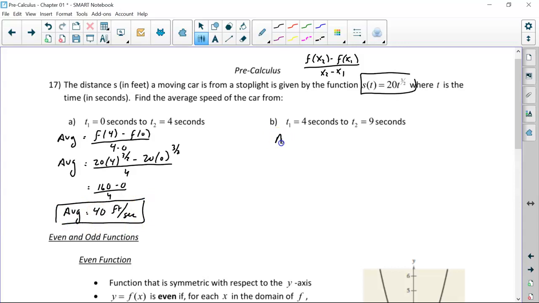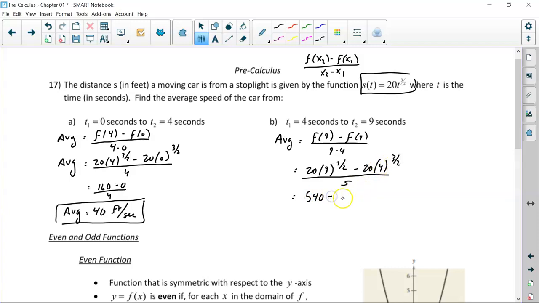And then for part B, the average between 4 and 9 seconds. So it's going to be f of 9, that's the second point, minus f of 4 over 9 minus 4. So it's going to be 20 times 9 to the 3 halves minus 20 times 4 to the 3 halves, all divided by 5. 20 times 9 to the 3 halves is going to be 540 minus 160 over 5.